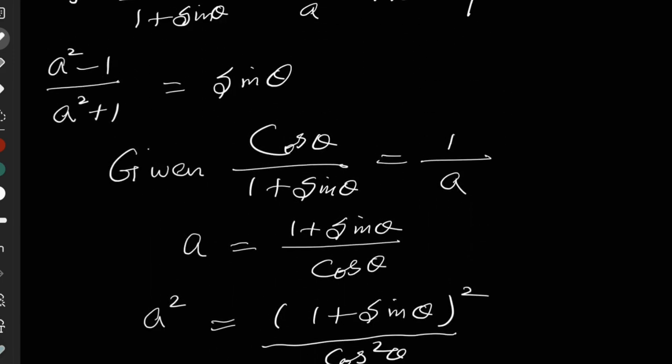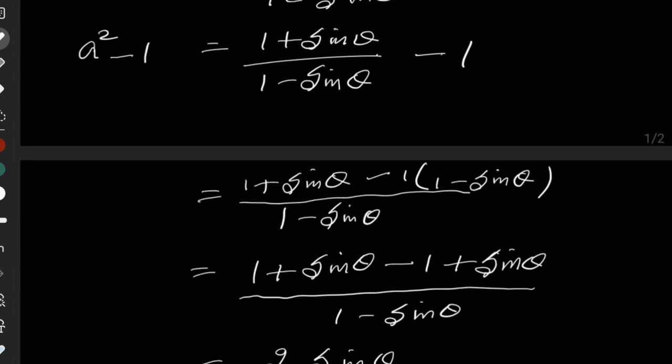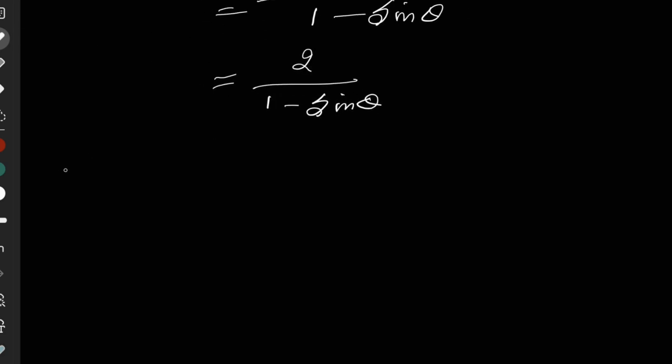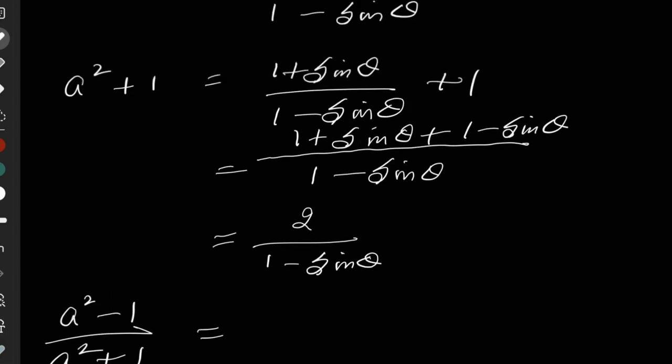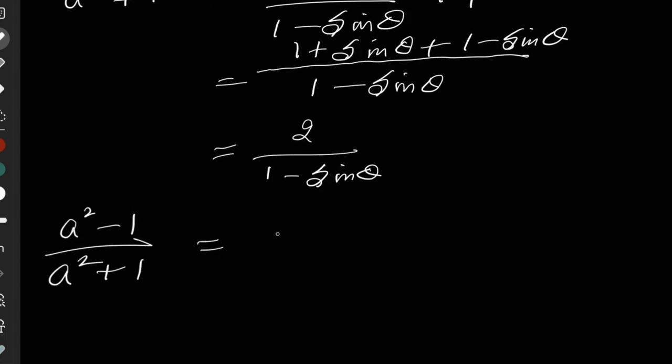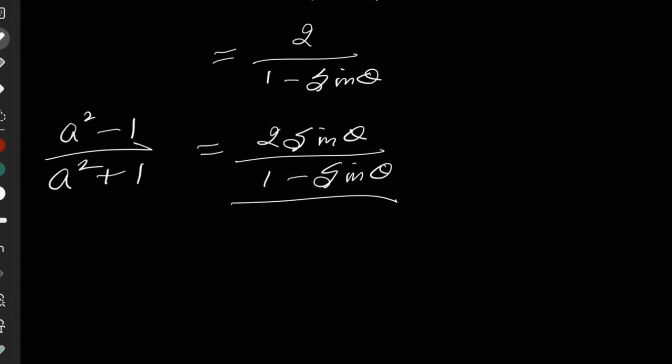So you have to find a square minus 1 by a square plus 1. You have to show this is sin theta. So I take a squared minus 1 by a square plus 1. A square minus 1 is 2 sin theta divided by 1 minus sin theta, by a square plus 1 we have got 2 by 1 minus sin theta.